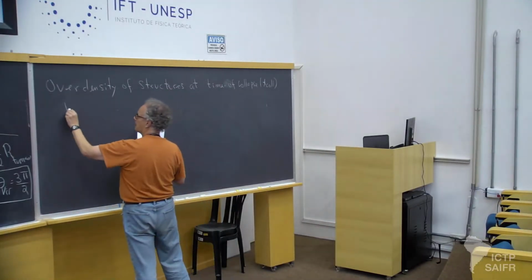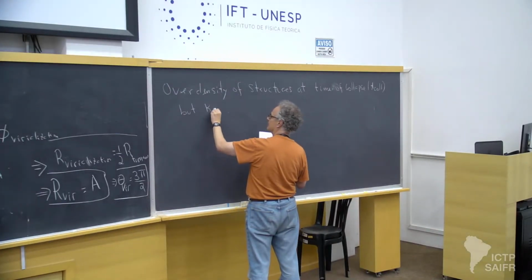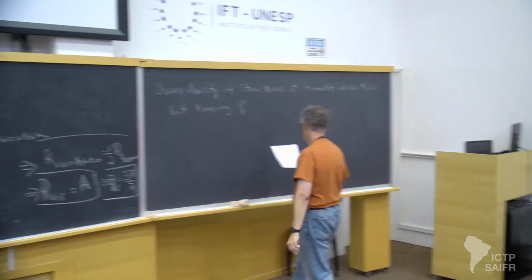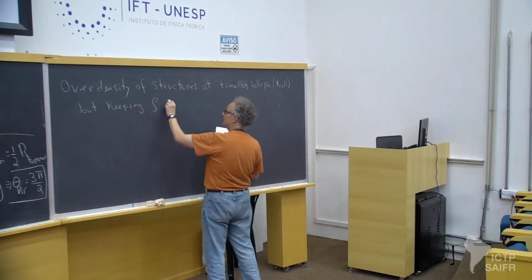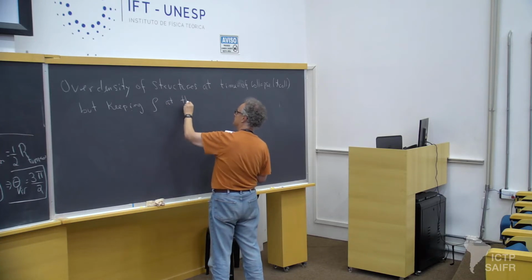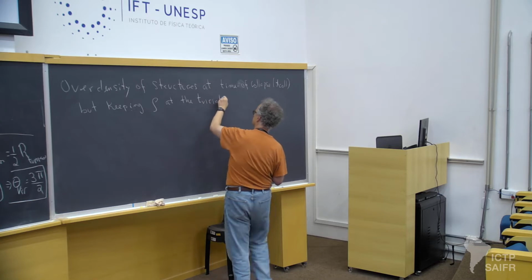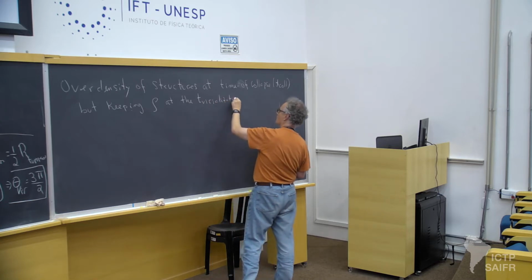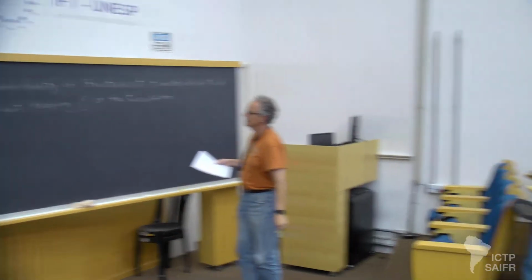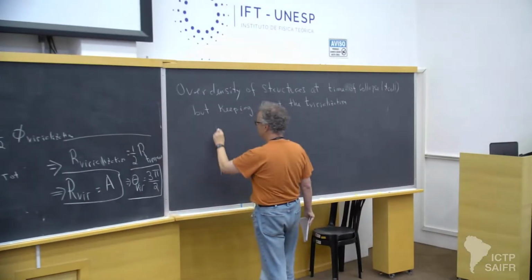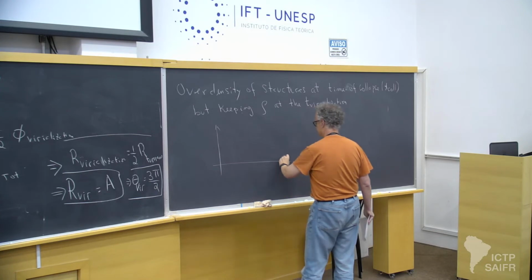But keeping the density rho at the virialization value, at T virialization. So let me try to explain what I'm trying to compute here. I'm trying to compute something that is the following.